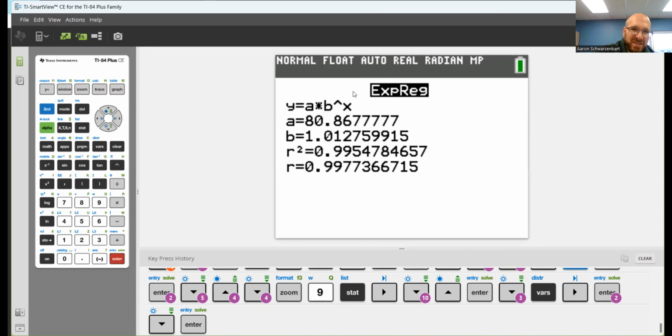So my function here is y equals 80.87 times 1.0128, keeping 4 decimal places, to the x. Got to keep a lot of decimal places. Little bits with exponentials get off quickly.